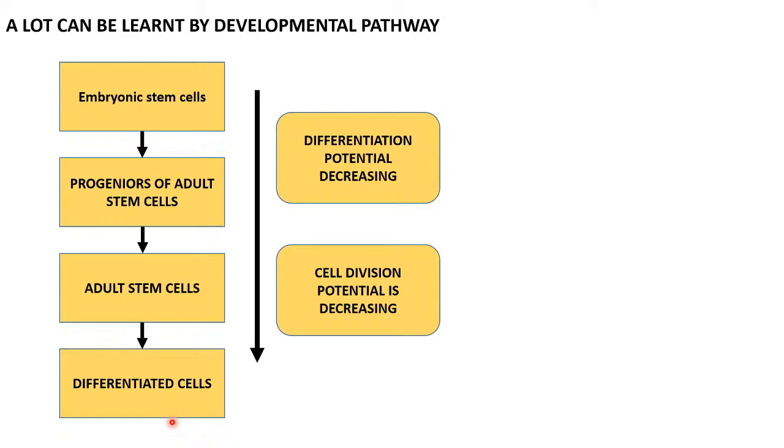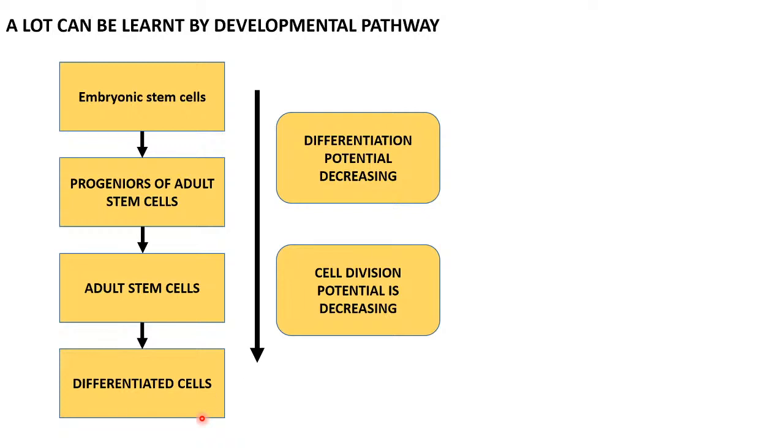Now that cell division is not occurring in the hair cell. That cell division is occurring in hair stem cells, which is the example of what? Adult stem cell. So when a hair stem cell divides, then it gives you two types of cells. One, the hair stem cell or adult stem cell again, and second, the differentiated hair cell.